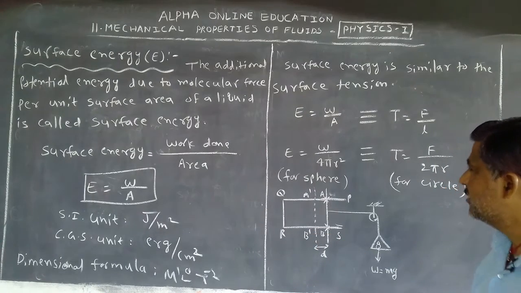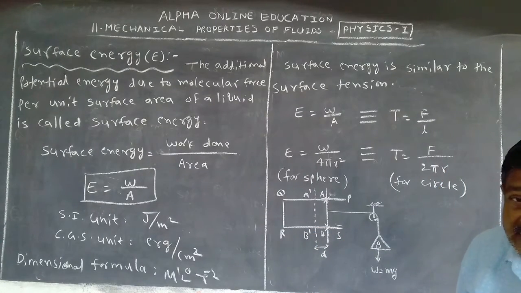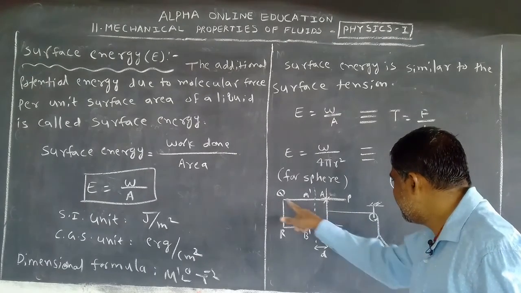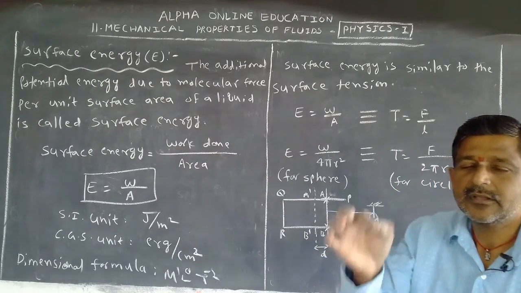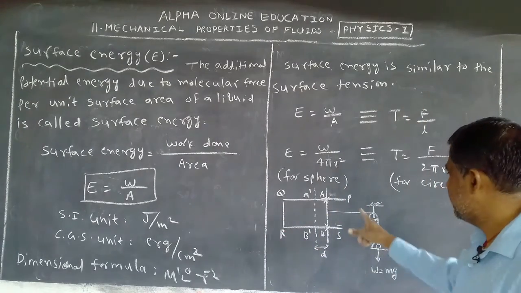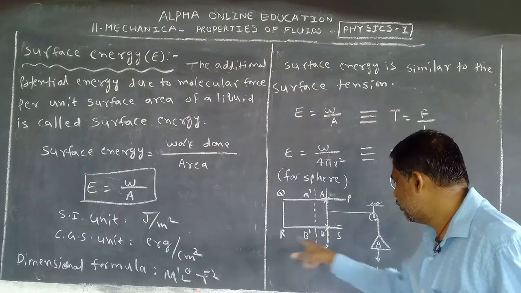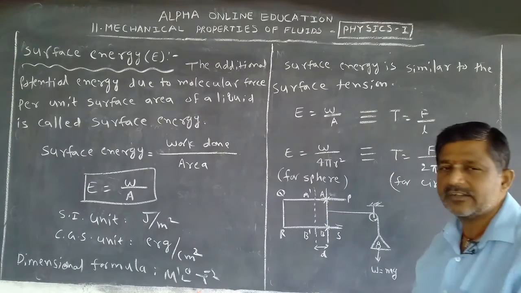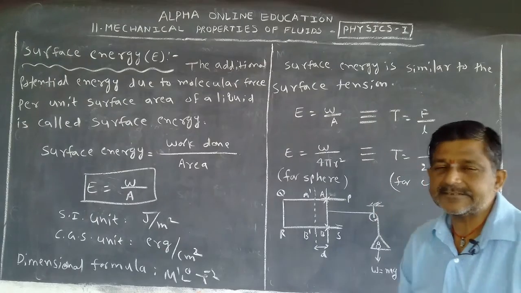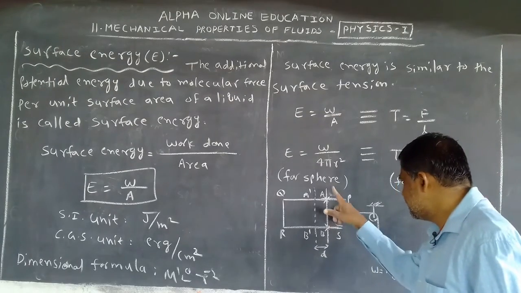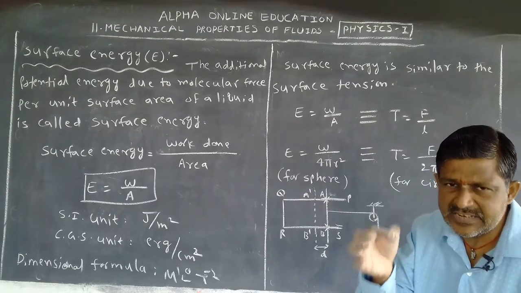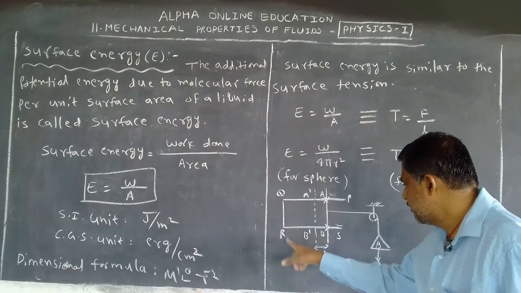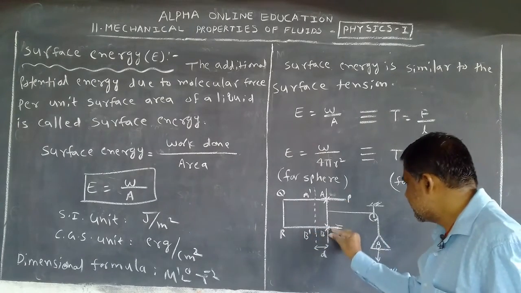Now here we want to determine the surface energy. For that we take a U-shaped wire, PQRS. On this wire we take one massless, very thin string, parallel to QR, slightly connected.